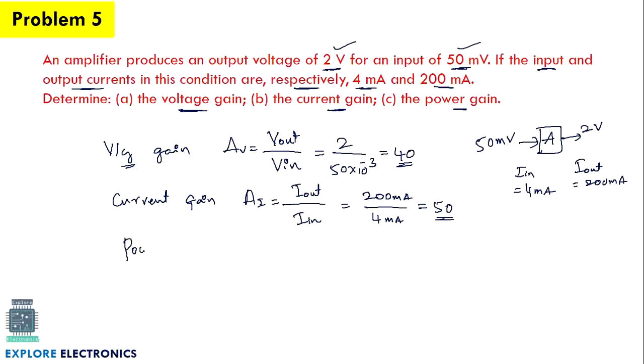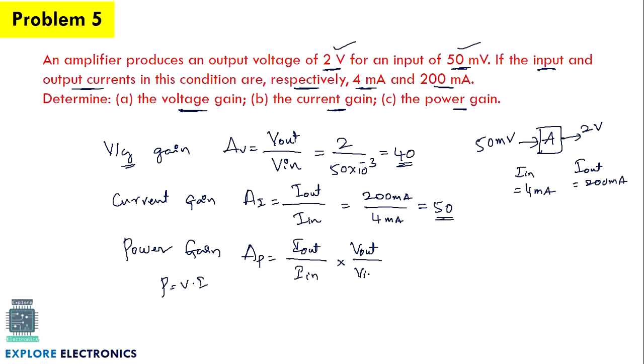What is power gain? What is the expression for power here? P is equal to V into I. So power gain AP can be written as I out divided by I in into V out divided by V in.